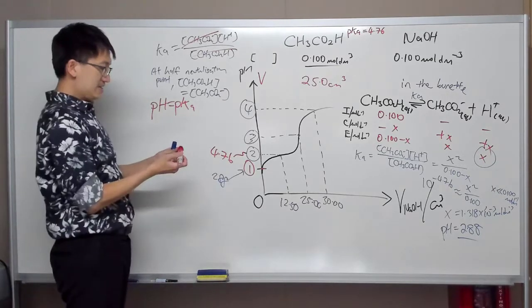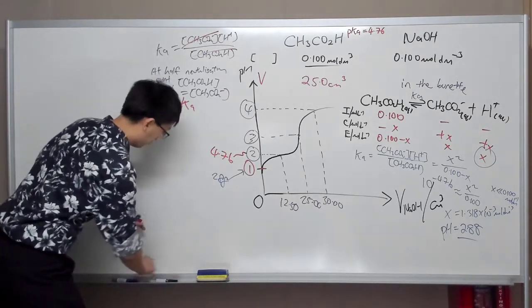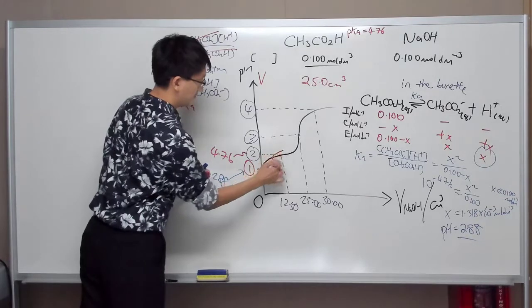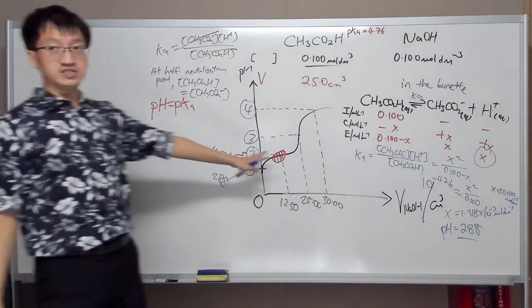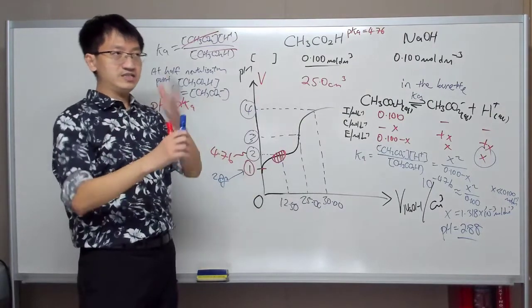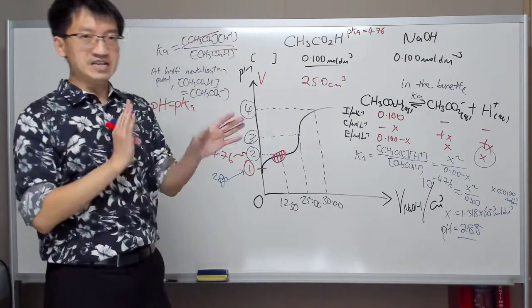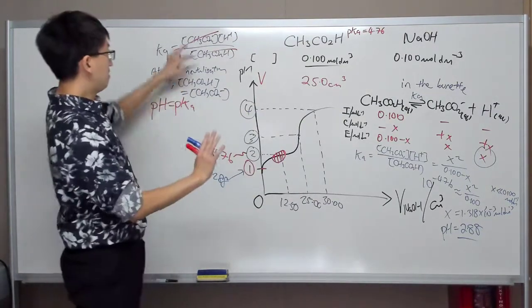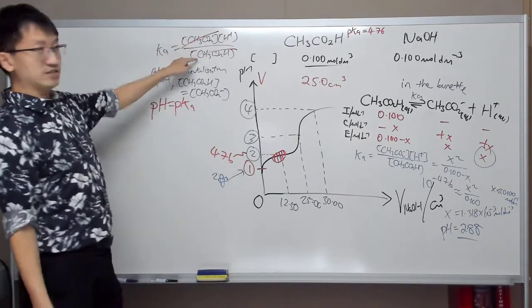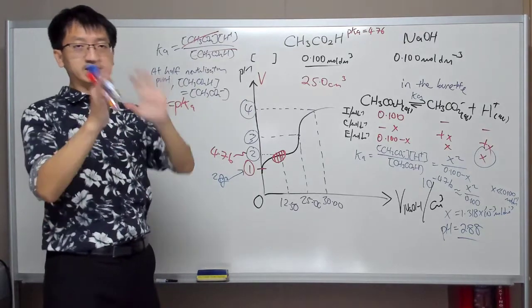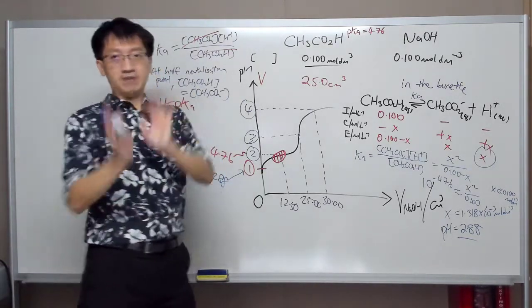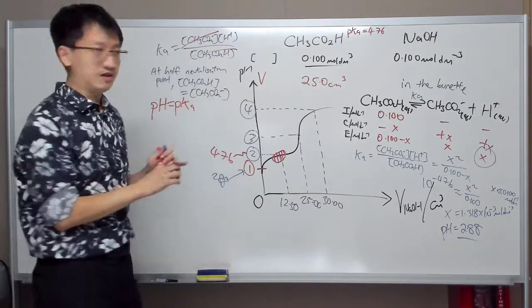Yeah, and those of you who are experienced, you probably know that this is actually the buffering region. I think in the notes it is defined as pKa plus minus 1. Okay, so therefore the ratio of ethanoate to ethanoic acid can range between 1 to 10 all the way to 10 to 1. But this is not a lesson on buffer, so I'm not going to go into buffer as of now.